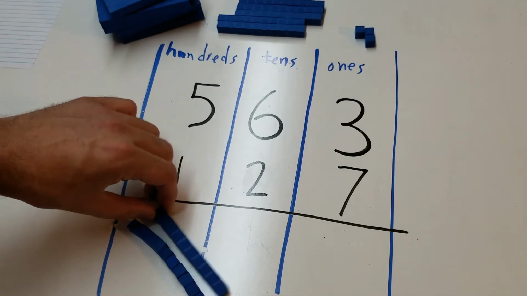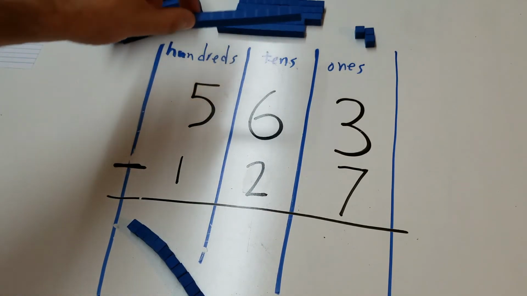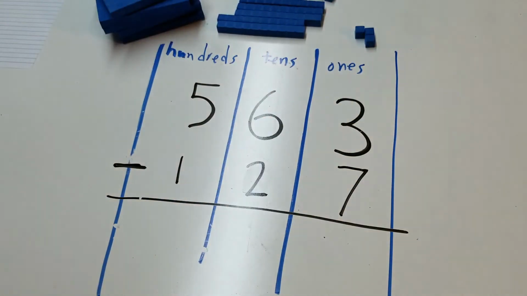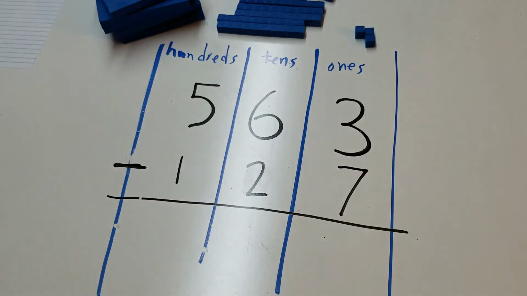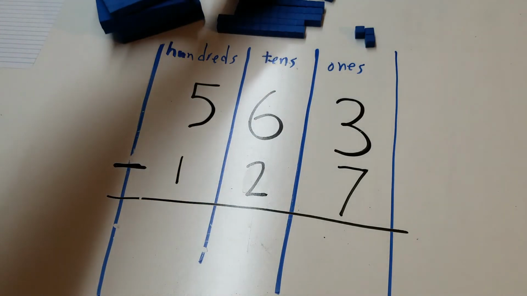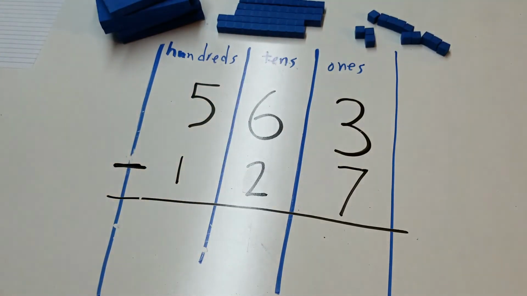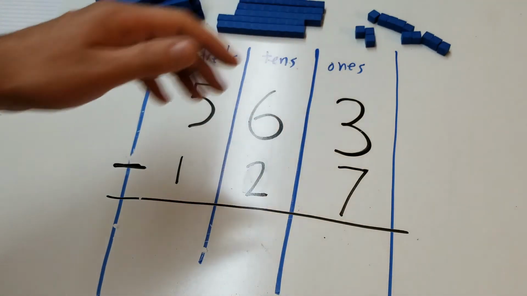So I can take my 10 rod away. Right now I have 6 10s, taking one of them away, but I'm going to put back, look at that. That's still 10. I still have 6 10s. But now one of them can get moved over here. It's still the same amount, but I've just changed it.